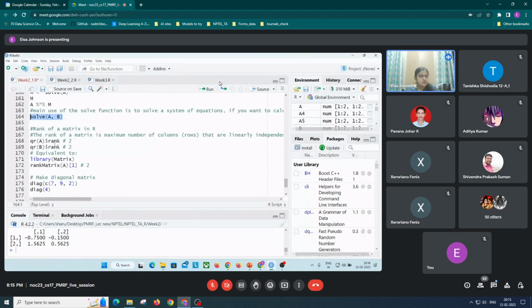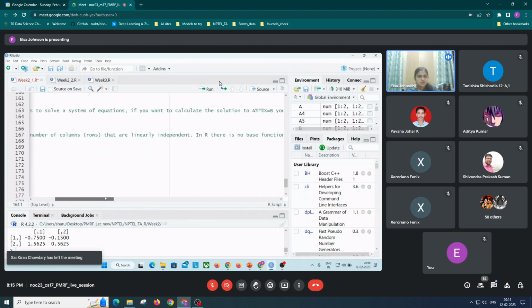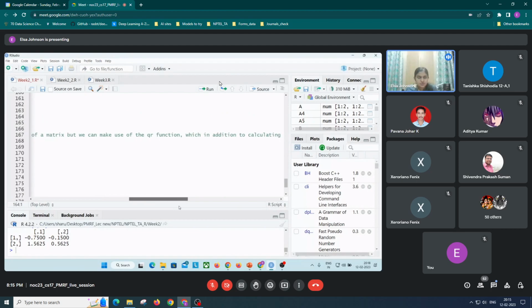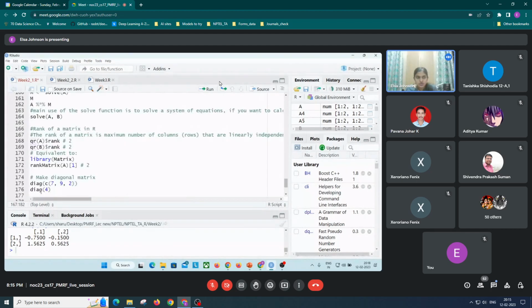The rank of a matrix, you know, is the maximum number of columns or rows that are linearly independent. So what you can do is use the QR function, or there are other options also.